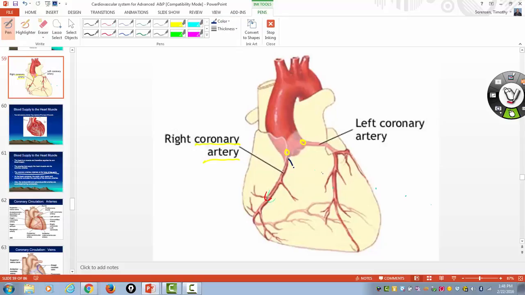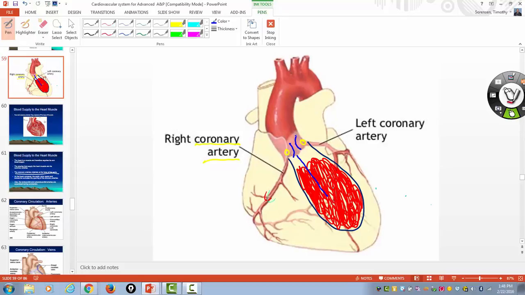So you have here the left ventricle, right? And the left ventricle has oxygenated blood in it. When the left ventricle contracts and sends the oxygenated blood out to the cells of the body, it has to force open the aortic valve.